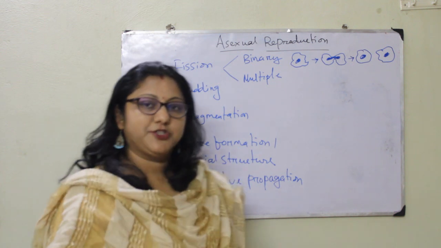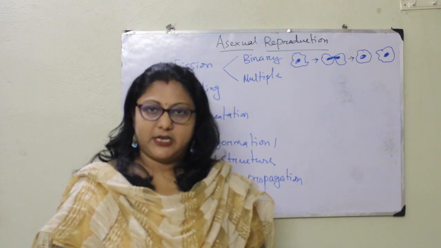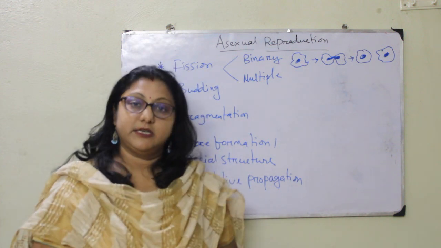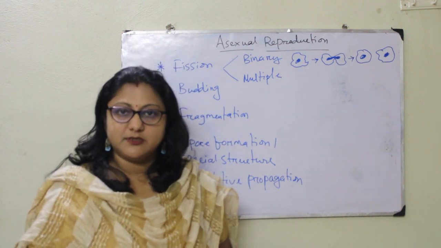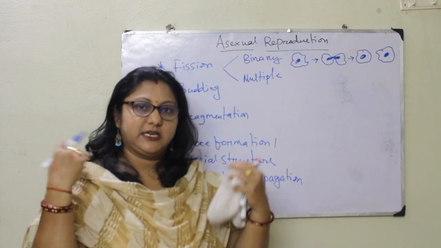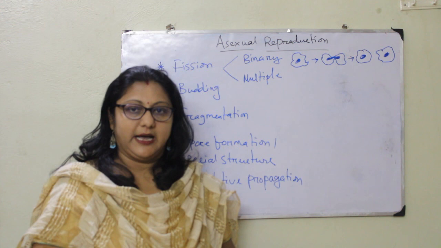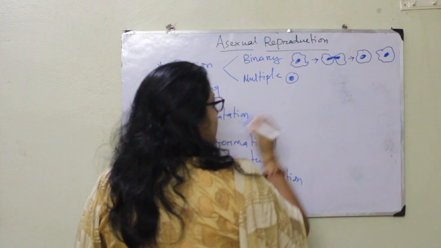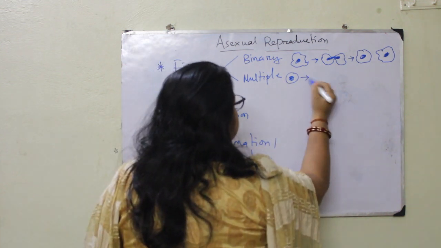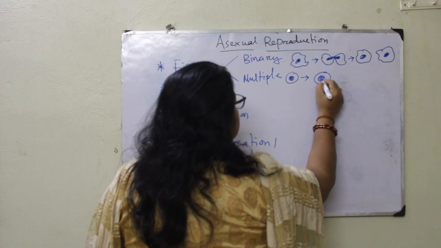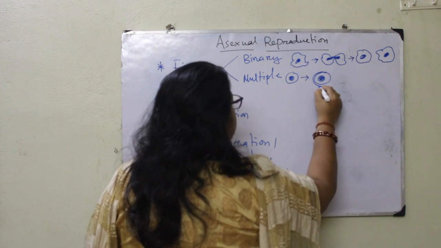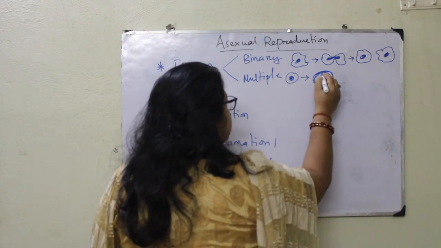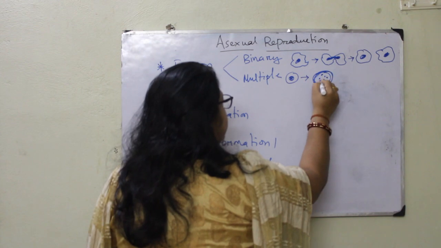Okay. So multiple fission happens in the plasmodium. Clear? We have studied that example in class 10 also. During unfavorable conditions, the plasmodium covers itself with a cyst wall, and inside that, the nucleus is converted into many tiny nuclei.